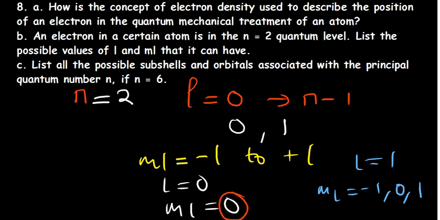This is a single orbital versus 3 orbitals, and each orbital can have 2 electrons. So the s orbital, represented by 0, has only 2 electrons. The p orbital has 3 orbitals, which tells us 6 electrons in total. So we found the values of L and ML for n equals 2.